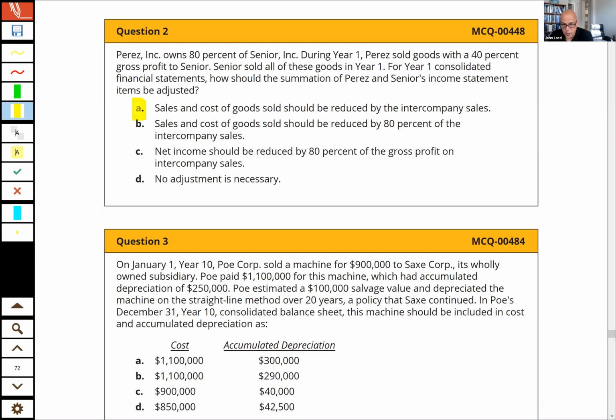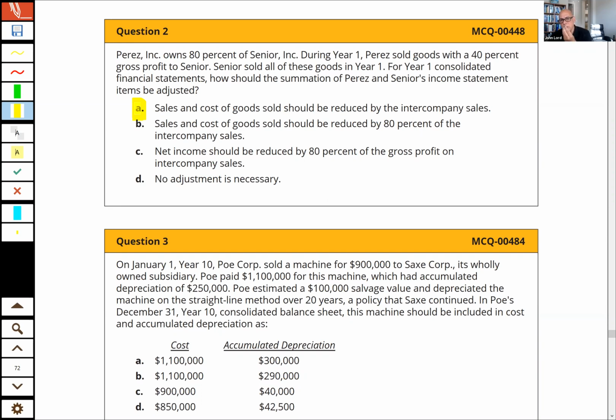And we eliminate 100% of the intercompany cost of goods sold and intercompany sales. There is no option in which sales and cost of goods sold would be reduced by 80%. You remove all the sales, you remove all of the cost of goods sold, you remove all of the intercompany profit, right?